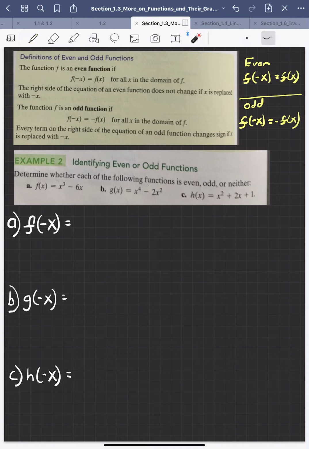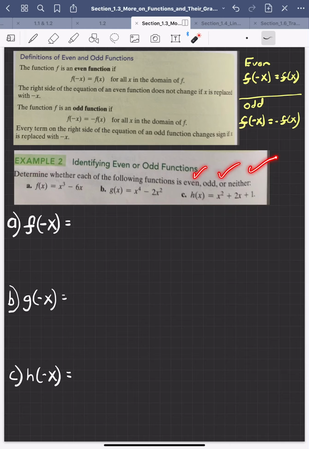All right. So what is the game plan here? Take a look at example 2. I have part A, part B, part C. It's a simple enough question in that all you need to be able to state is whether it's even, odd, or neither.